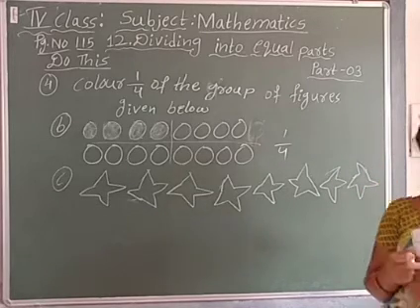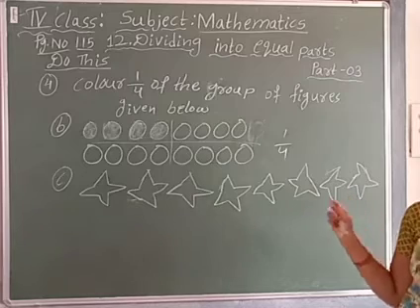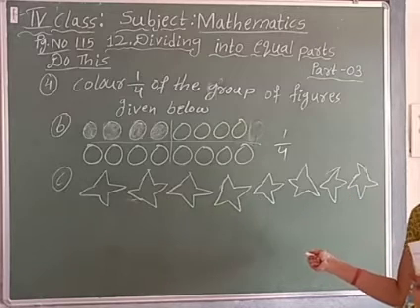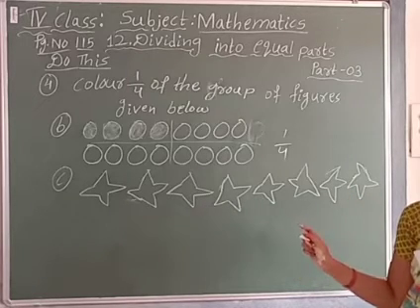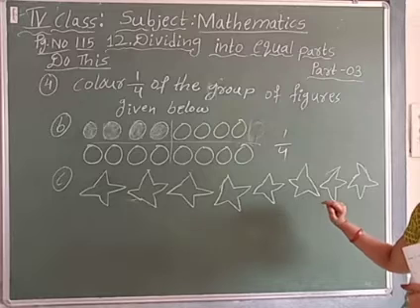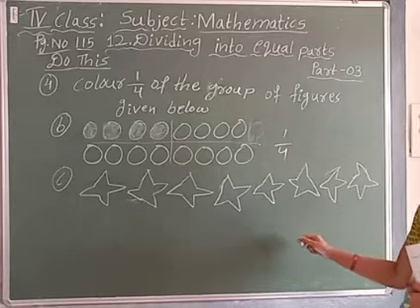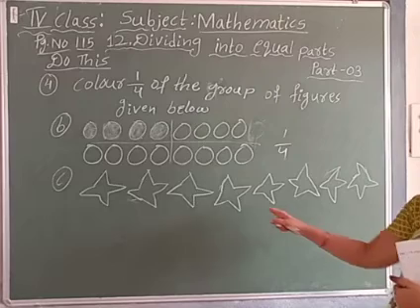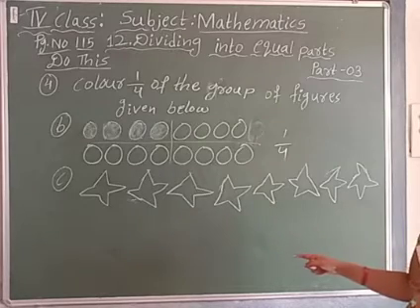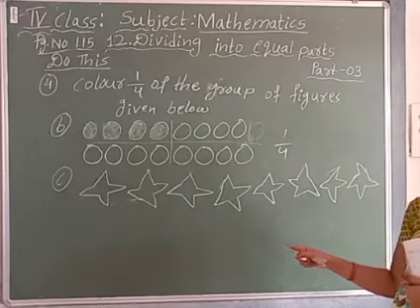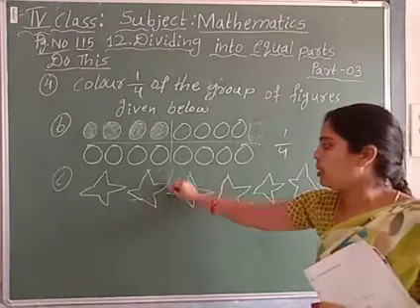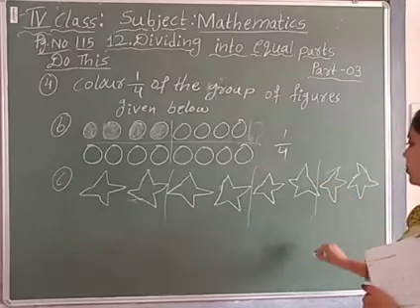8, no? Okay. So in these two, 1 by 4th part also. Here also 1 by 4th part. So we will divide into 4 equal parts. This one, 4 equal parts. So 8 only, having 4 equal parts means how many will come in each part? 2, 2. So 2 only come.